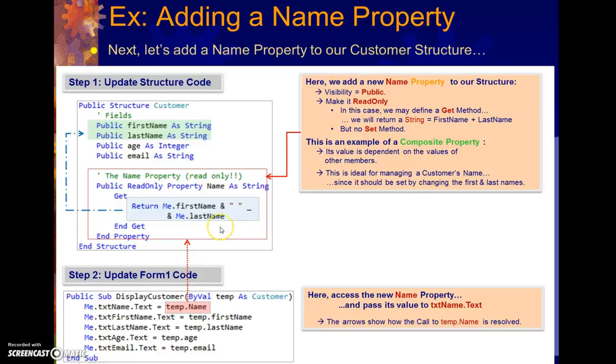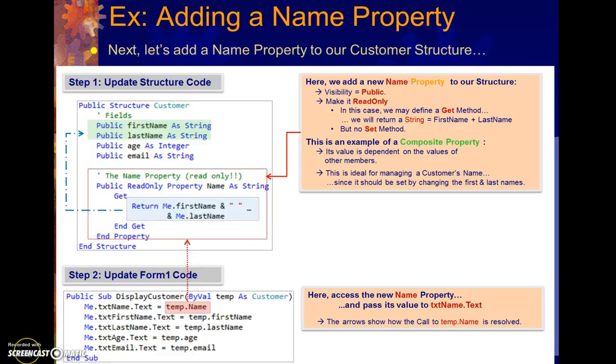And the way we access this new name property is like this. So we create a name property, and we access it like this. So the reason they're doing this is because, as I said, usually we won't make these public. We'll make them private. And also that we can do things like make things read-only.